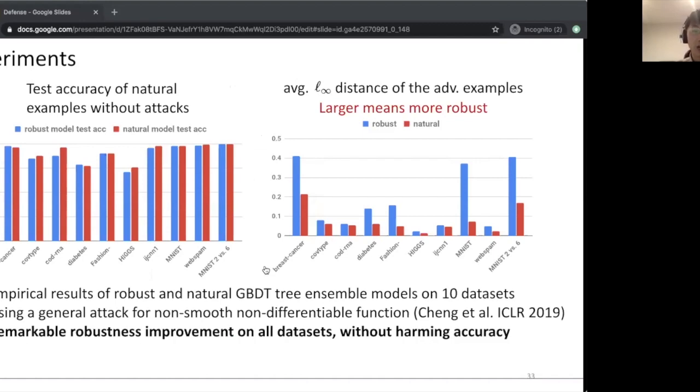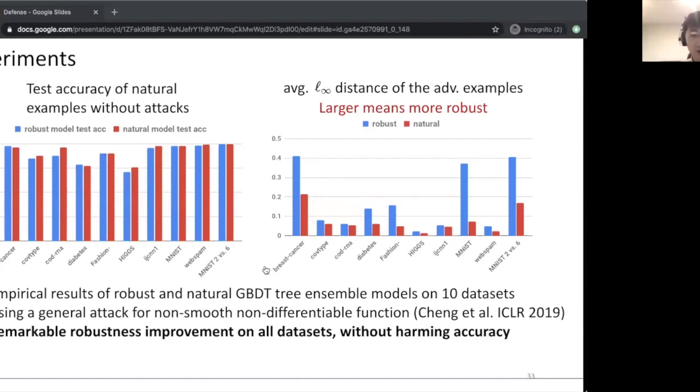Again, blue bars are our proposed robust models, and red bars are the original natural decision tree training method. We train gradient boosted decision trees on 10 data sets, including some popular data sets such as MNIST or Fashion MNIST.